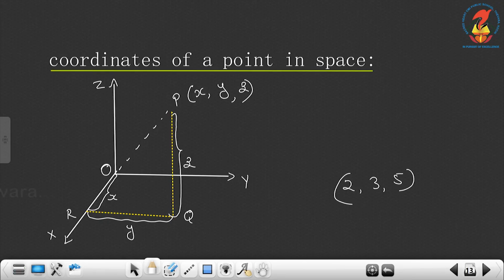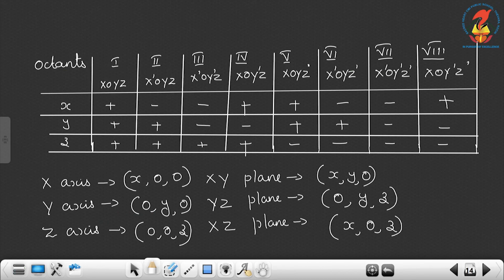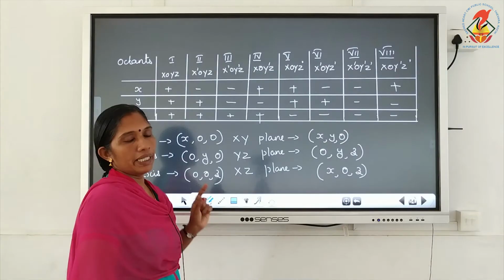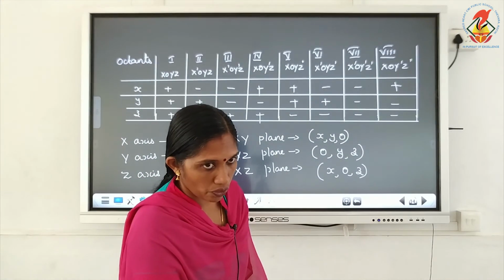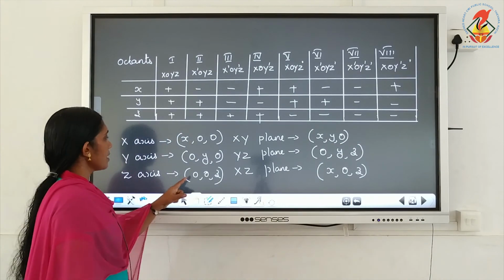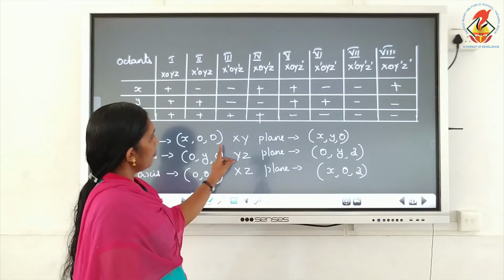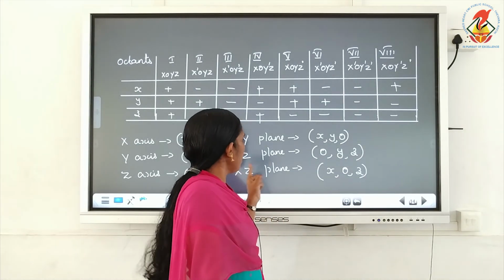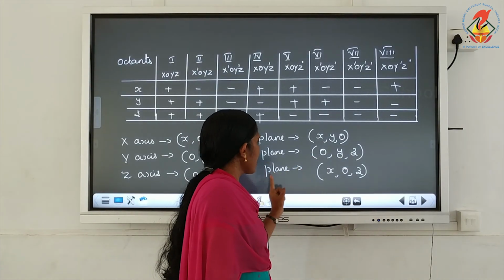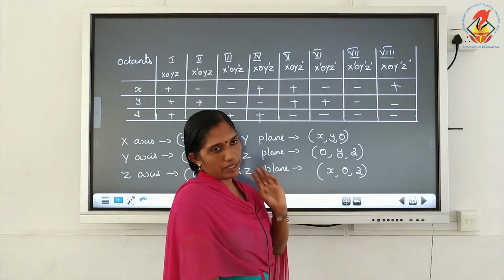Okay. Then you have to keep this in your mind. Any point on the x axis is of the form (x, 0, 0), on the y axis (0, y, 0), on the z axis (0, 0, z), and any point on the xy plane is (x, y, 0), on the yz plane (0, y, z), on the xz plane (x, 0, z).